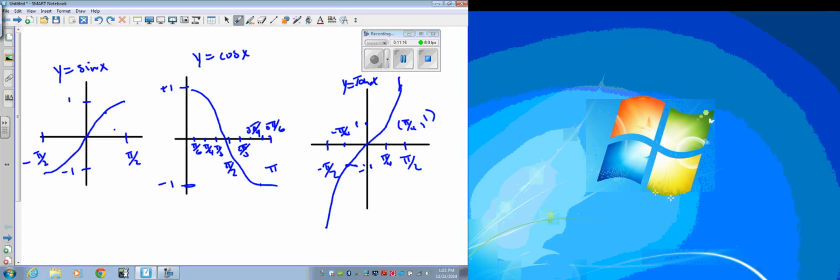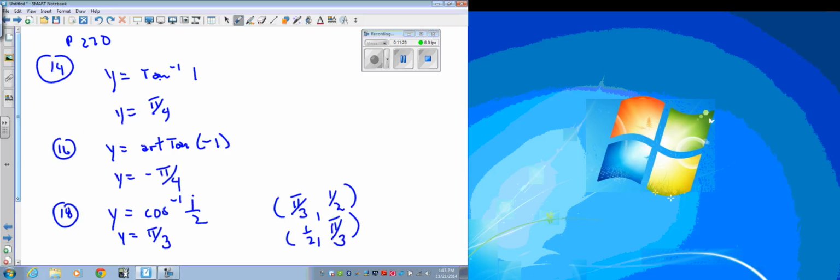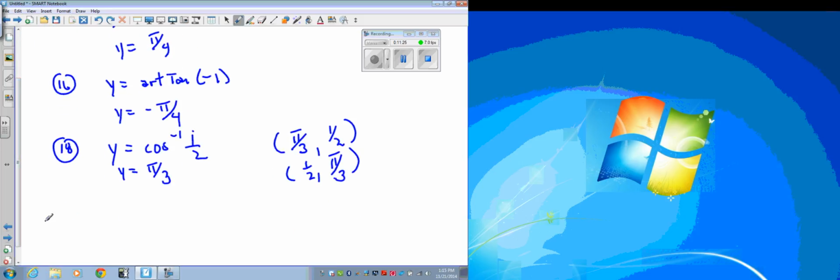You see, when we're doing inverses, we're just flipping it around.